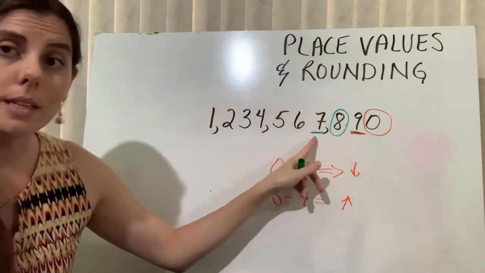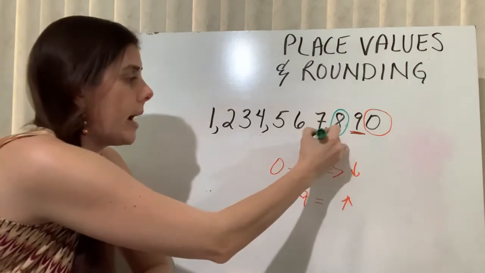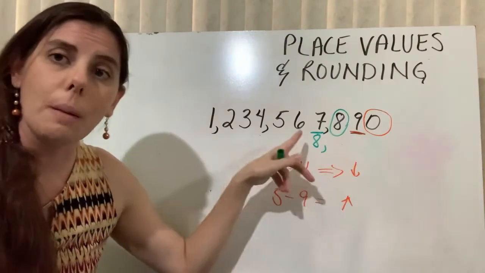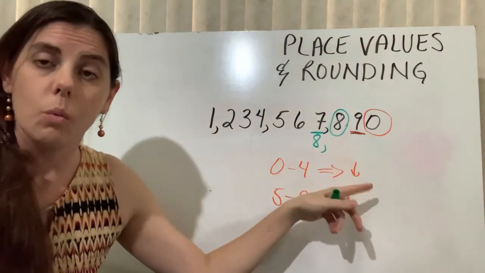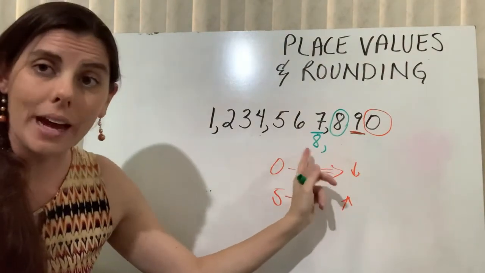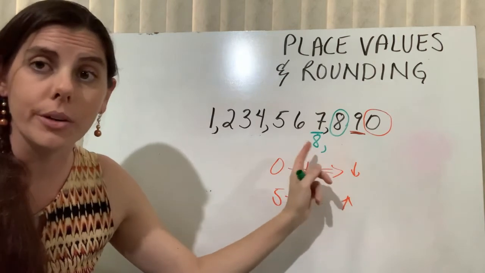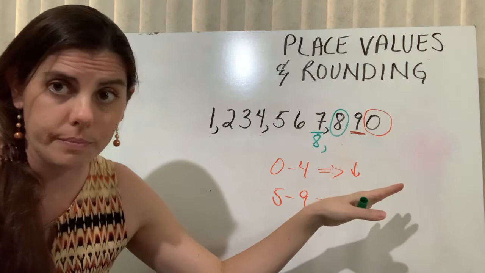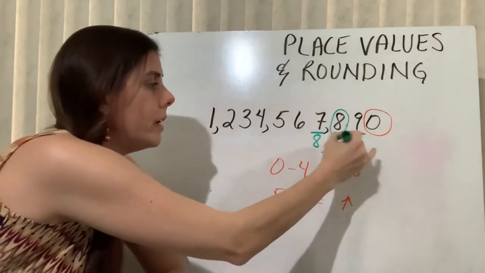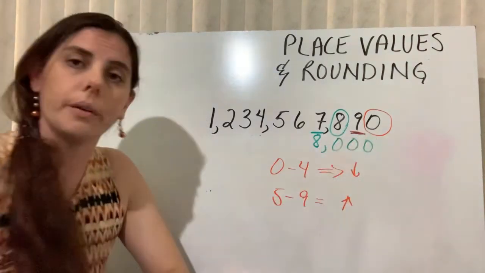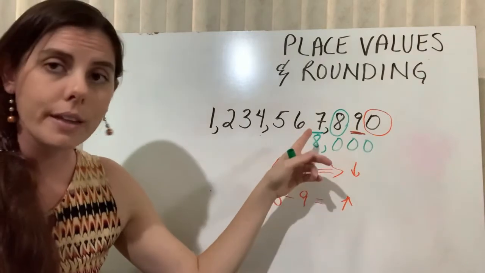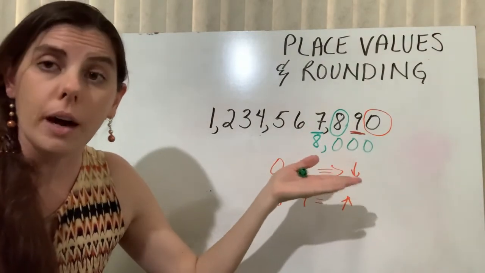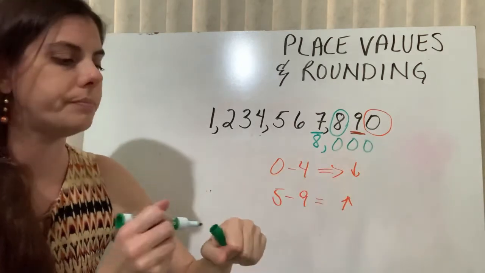This 7 is now going to become an 8. What happens to everything behind the 8? Since we're rounding to the nearest 1,000, everything after it should become a 0. So if I had $7,890, I could just say, oh, I have about $8,000.